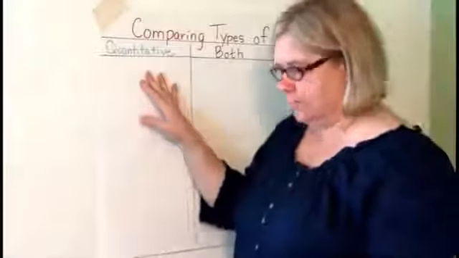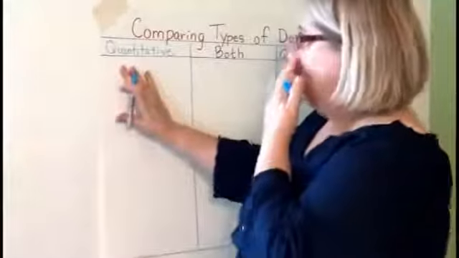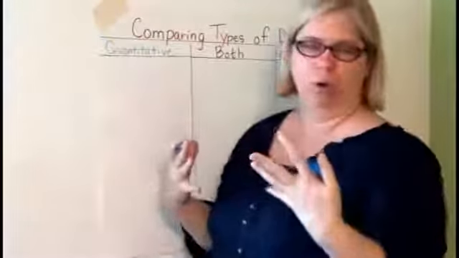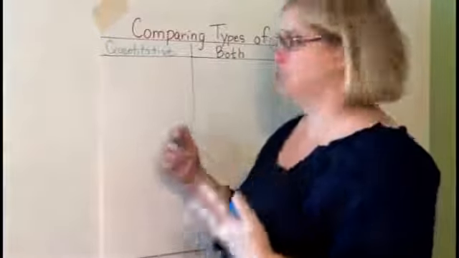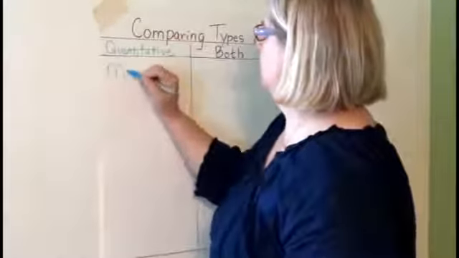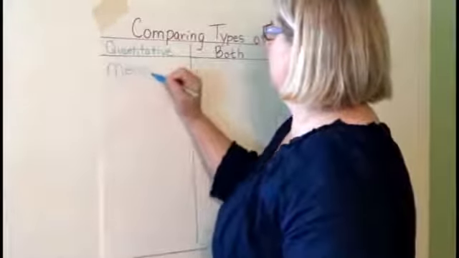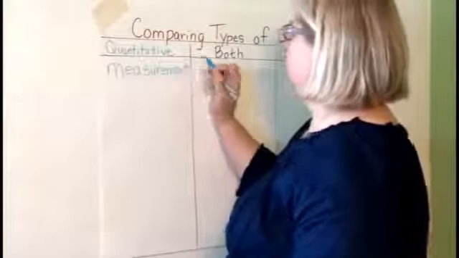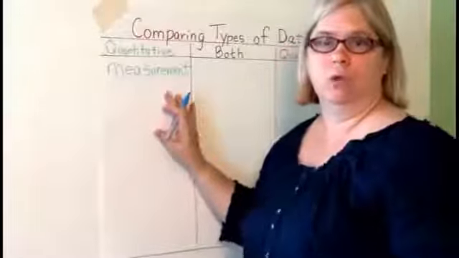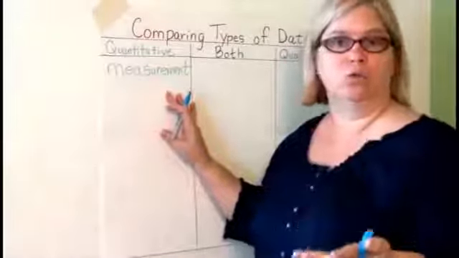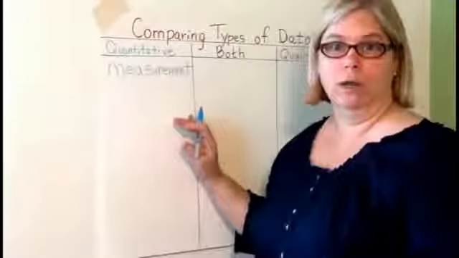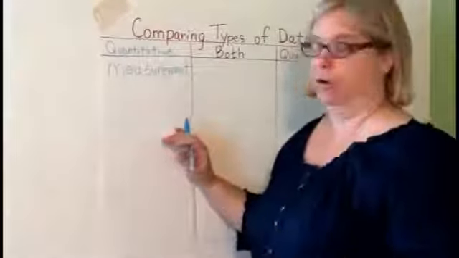So starting with quantitative data, you first want to always think of quantitative data as being number or mathematical or measurement. Okay, so we're measuring something. When we measure something, we're typically using tools or equipment. It might be an electronic balance, it might be a ruler, a meter stick, a beaker, okay?